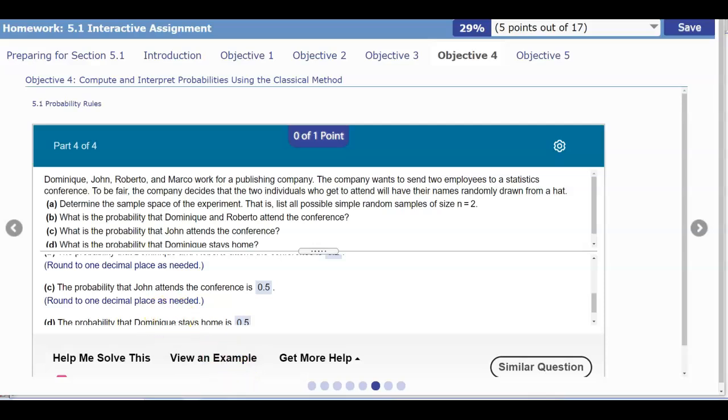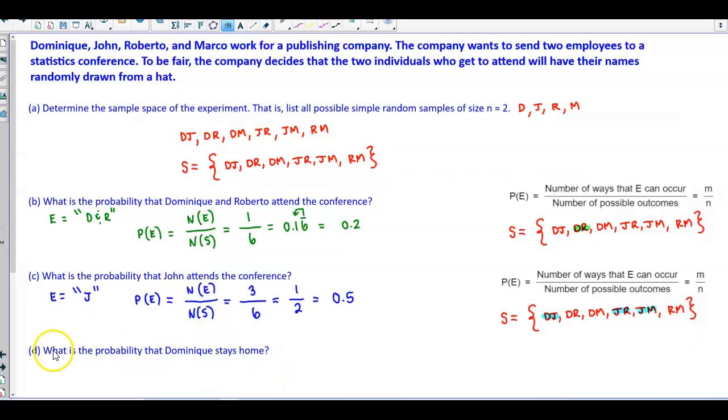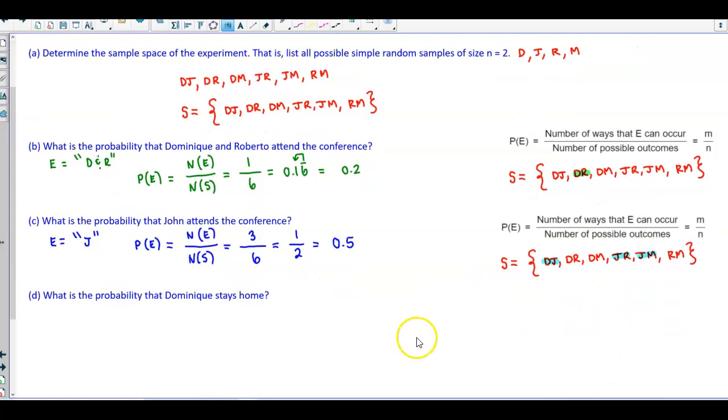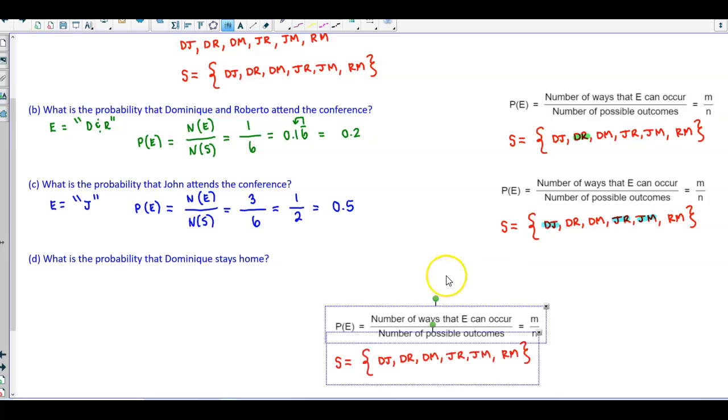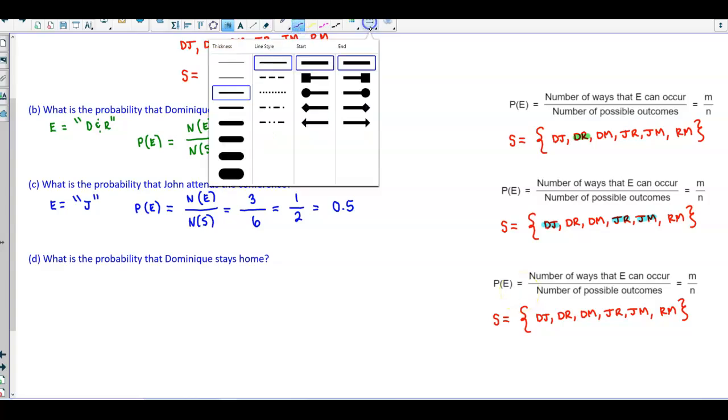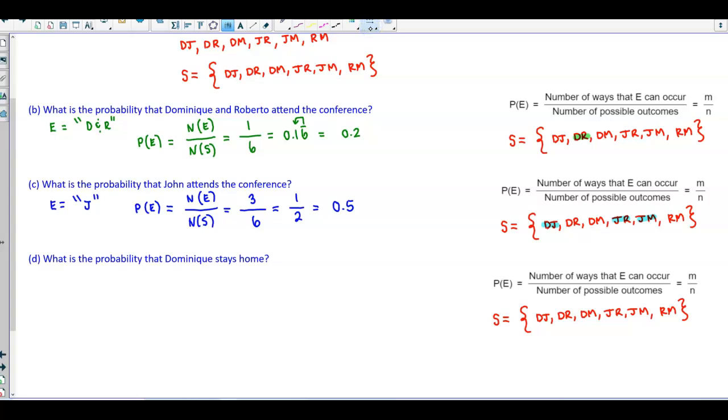Now we're going to go to the last question: what is the probability that Dominique stays home? Let's go ahead and use the same sample space and the formula. The event in our problem is asking if Dominique stays home.